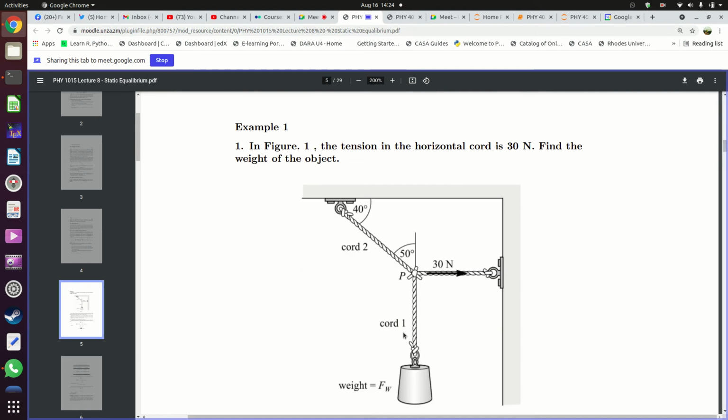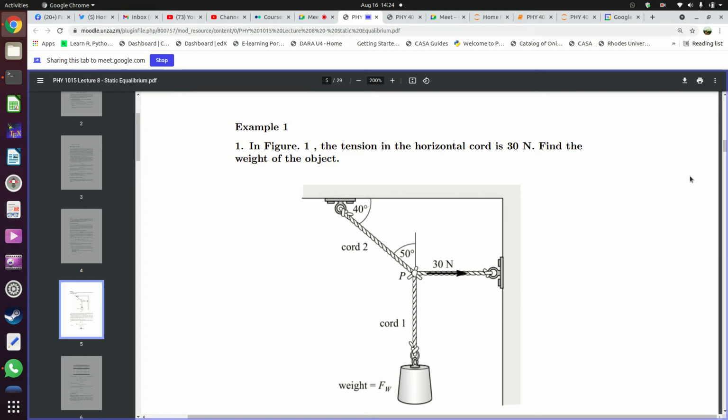The tension in this rope, the 30 newtons, we call T3. The direction of the tension depends on what you are interested in. If we are interested in this point, the tension is pointing down. If you are interested in what's happening with this weight, then the tension is pointing up.